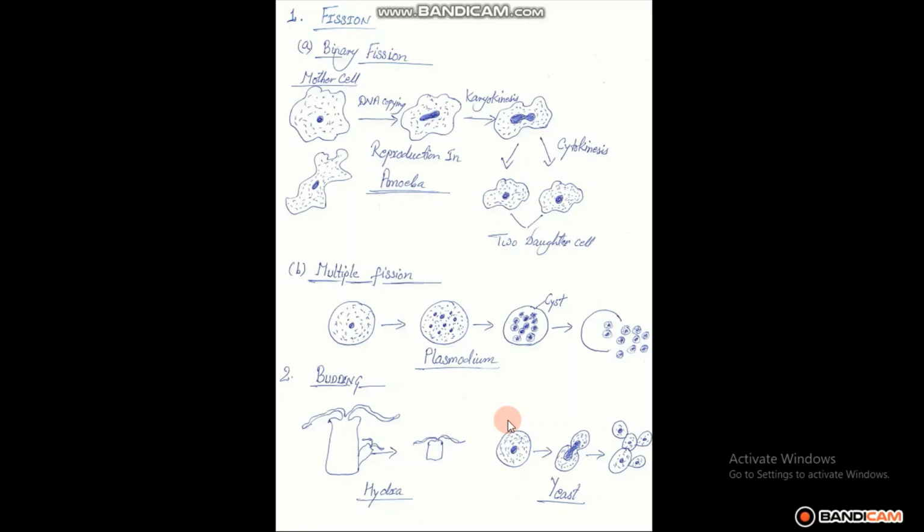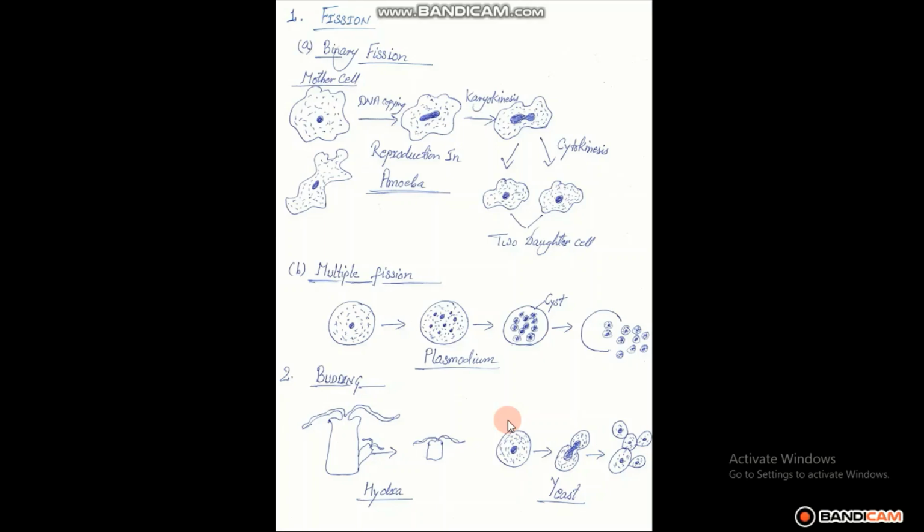It is a unicellular organism. You can draw it like this also, or any kind of diagram, but the plasma membrane will attach to the whole side. Actually, it is irregularly shaped, so it can be drawn anyhow.